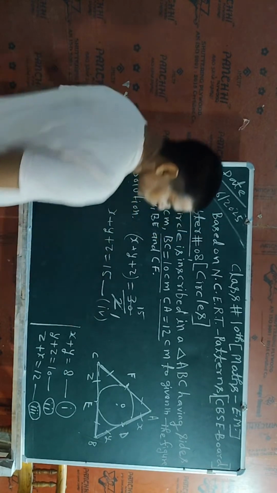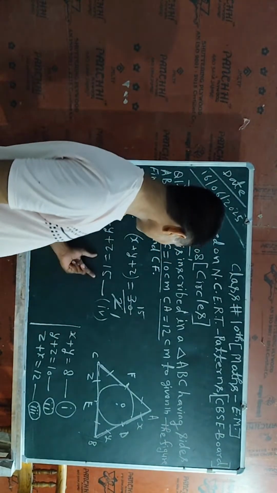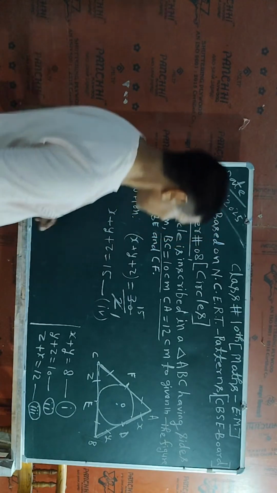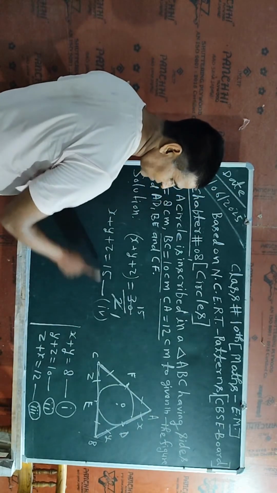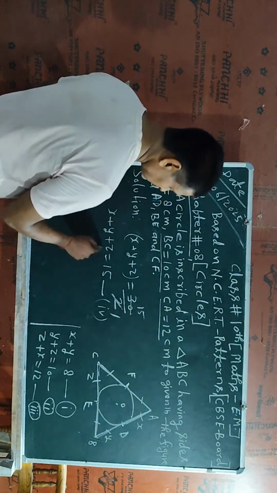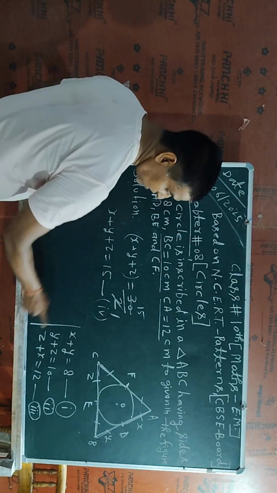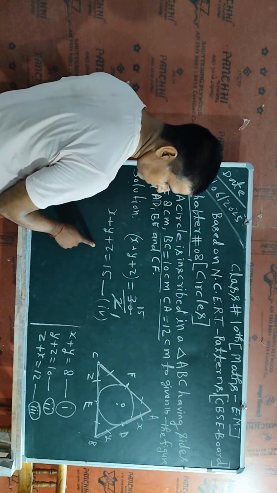I will say this is equation number 4. Okay. So here I have written 3 equations, and with the help of these 3 equations, I have got equation 4. So from equations 1 and 4, we will get the value of z, and also from 2 and 4, I will get the value of x, and also from 3 and 4, I will get the value of y.